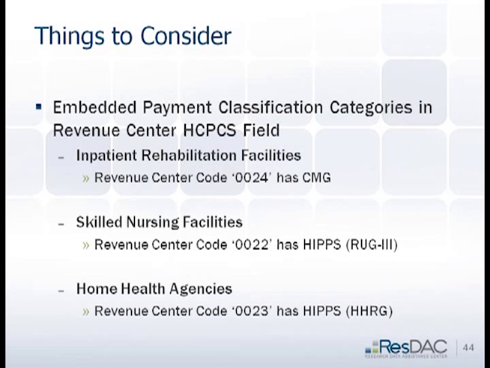You can find the RUG embedded for revenue center code 0022 for skilled nursing facilities, and for 0023 you can find the HHRG, which is embedded into the HIPS code in the revenue center. So you can look at what the payment system was, what they used to generate that payment for these different types of facilities.